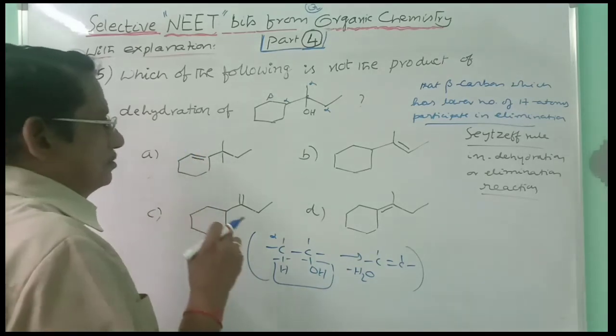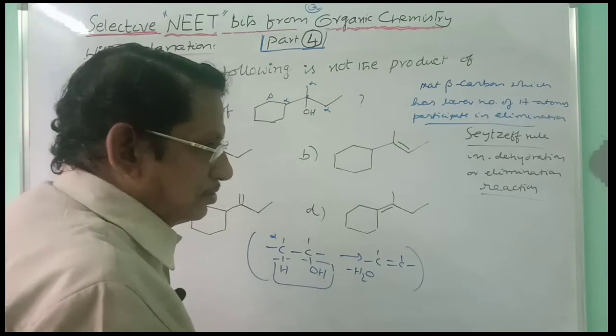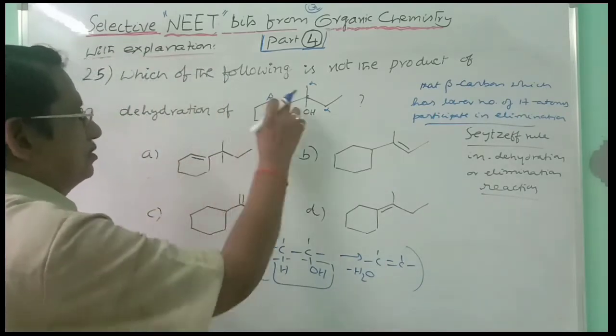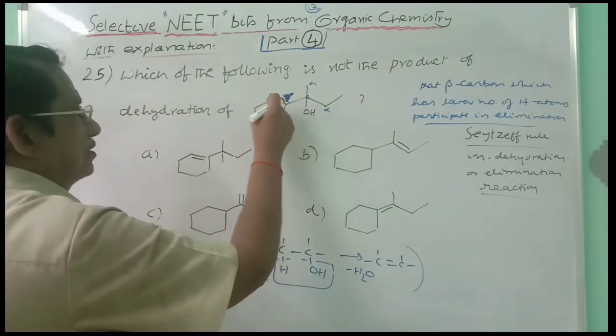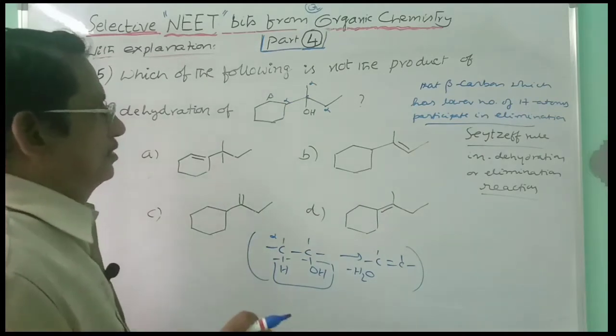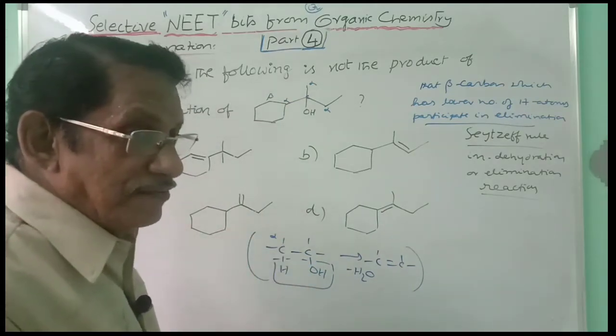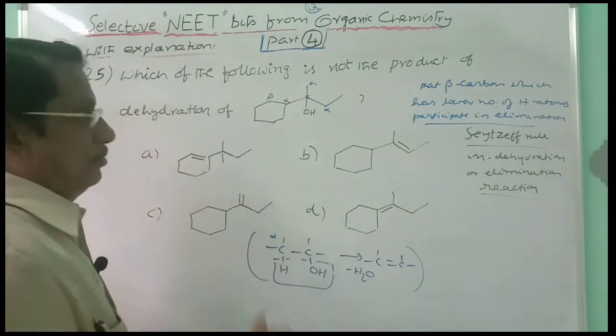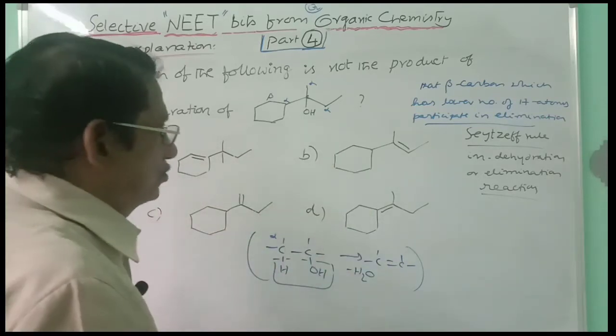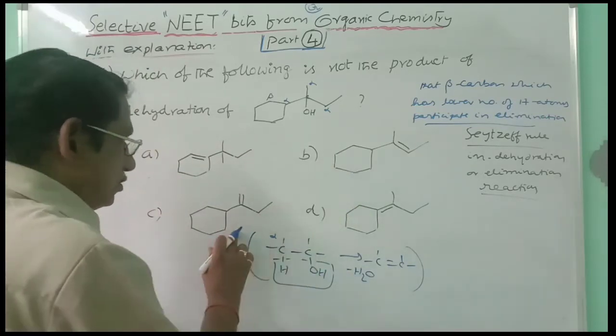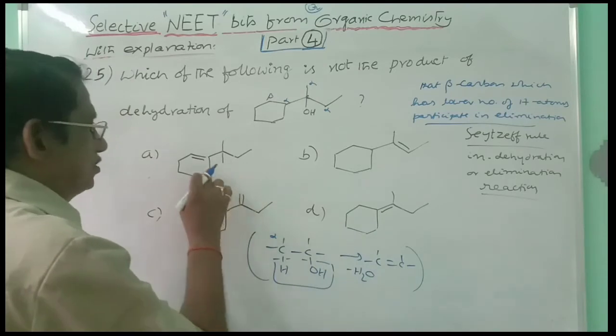Beta carbon does not participate in the elimination reaction. This is not possible in this case because this OH group cannot take the beta hydrogen here for the elimination, whenever alpha hydrogen is available there. So out of all these 4 bits, this is possible, this is possible, this is possible, this is impossible.